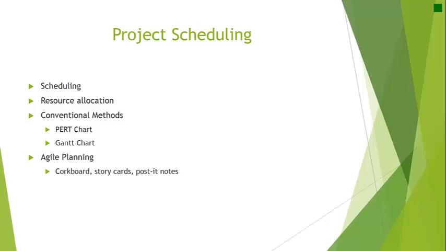Post-it notes or story cards are arranged in a conceptual grid that defines the iterations, the use cases or stories that will be included in each iteration, and the amount of effort needed to complete the use cases or stories.